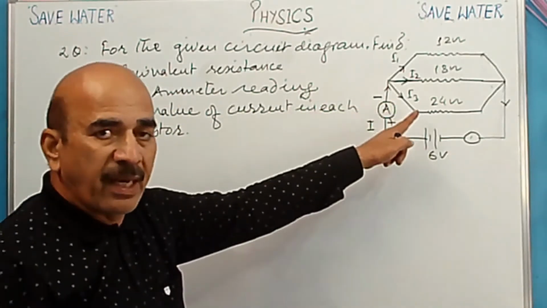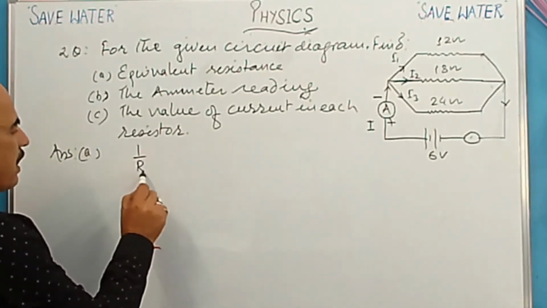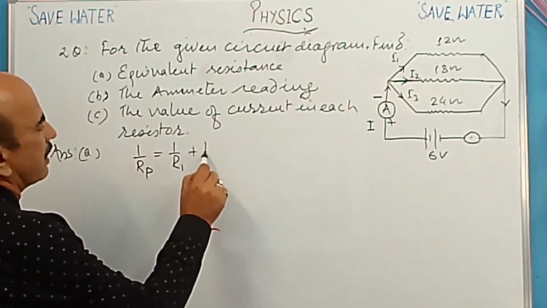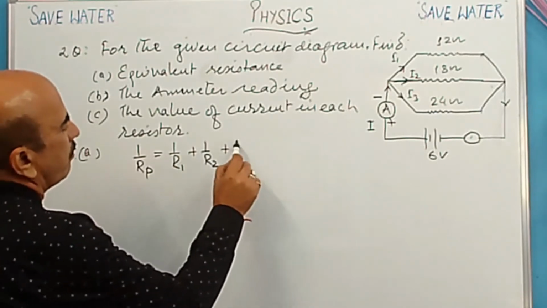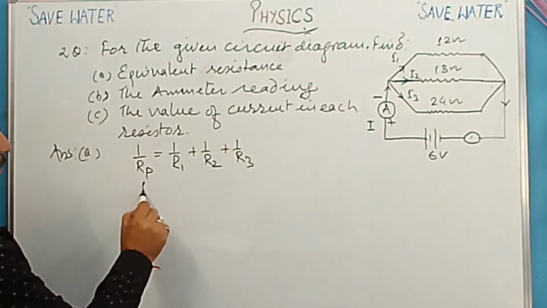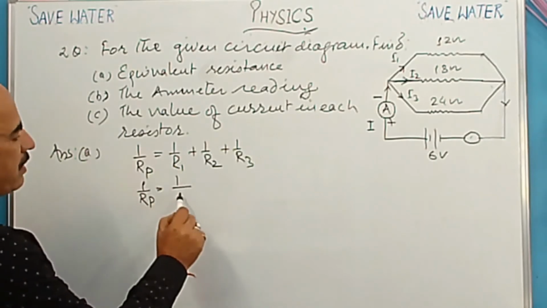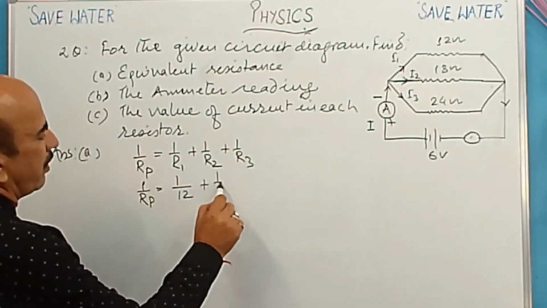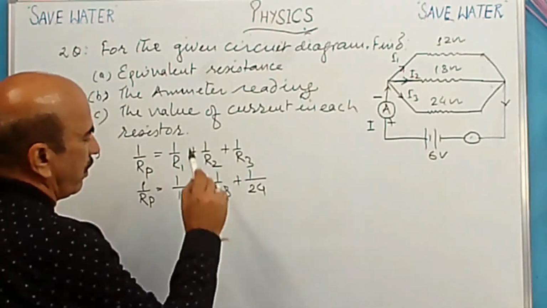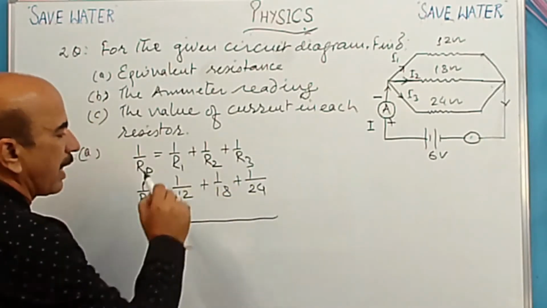So these are in parallel. So therefore हम क्या करेंगे? लिखेंगे 1 upon RP is equal to 1 upon R1 plus 1 upon R2 plus 1 upon R3. And here 1 upon RP, 1 upon R1 is 12, 1 upon 18 plus 1 upon 24. So now find the LCM of this. Okay, इनके LCM find करिए.